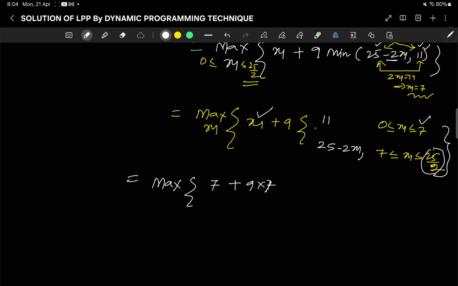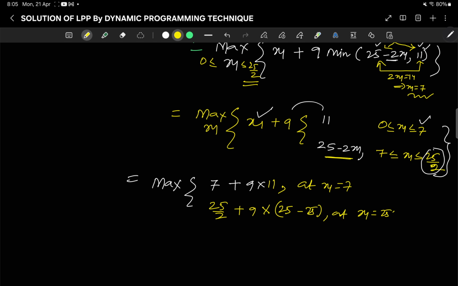At x1 equal to 25 by 2, it is 25 by 2 plus 9 into 0.